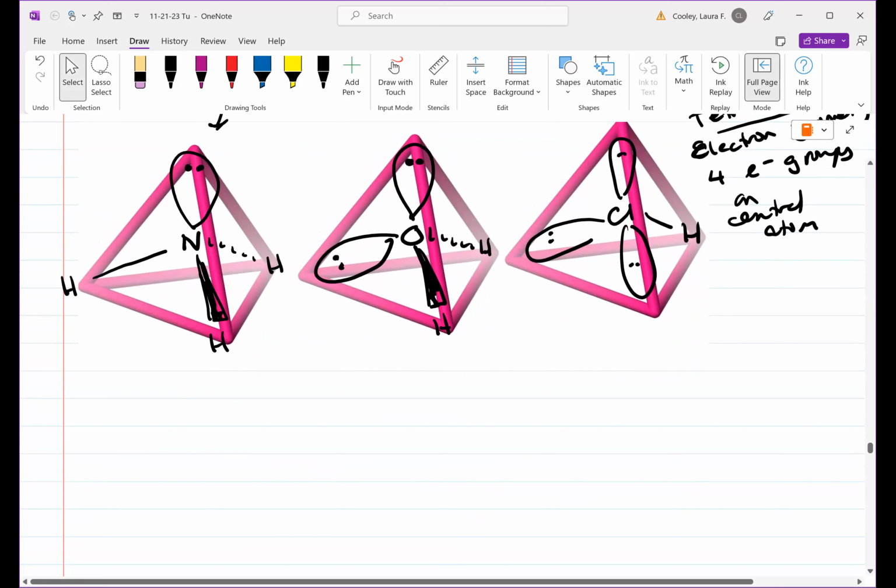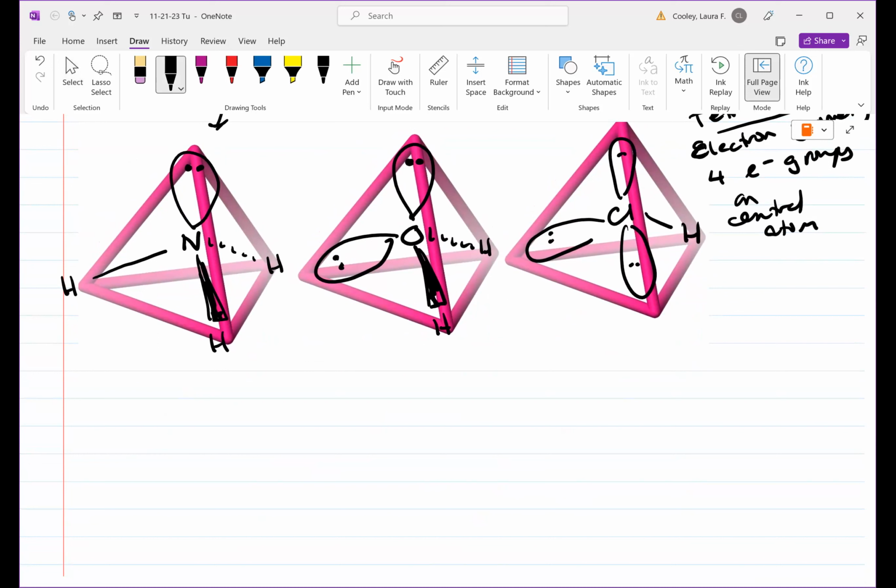So all 4 have an overall tetrahedral electron geometry, but they are not all 4 the same shape, okay? They're not the same molecular structure because the structure of a molecule depends on where the atoms are, not really where the lone pairs are, right?